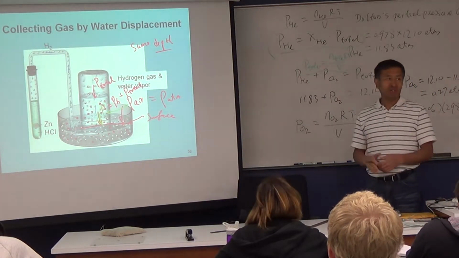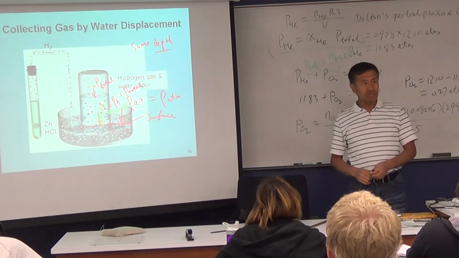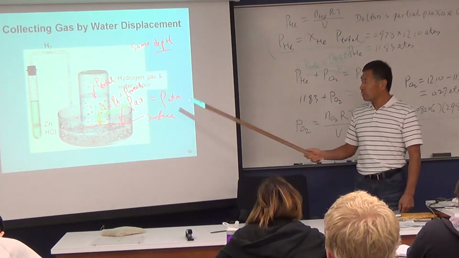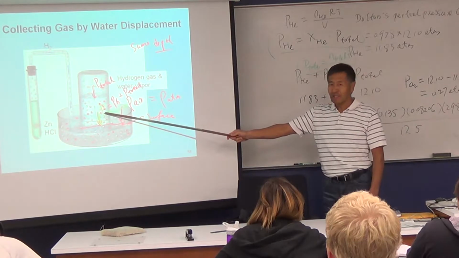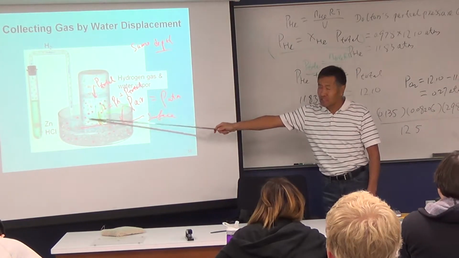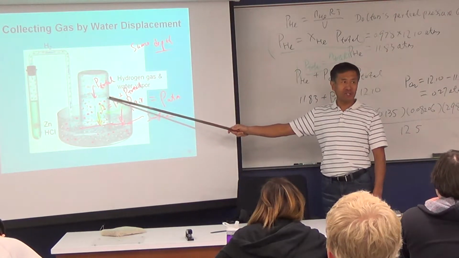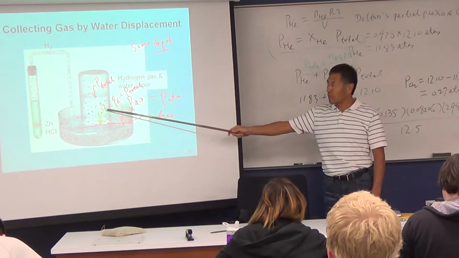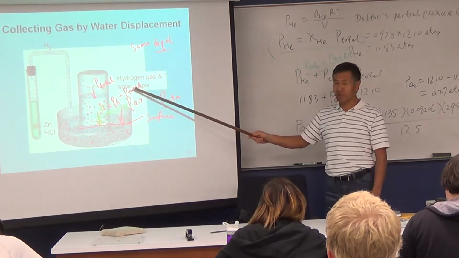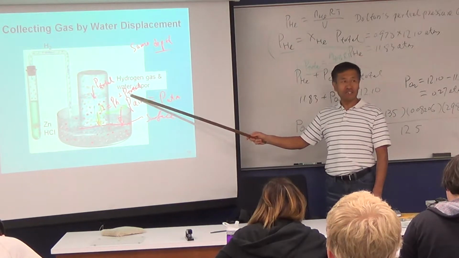Because they are at the same depth. So once you measure or Google the P air, that will equal that part, and then you measure what this liquid is, so you can convert it into the same unit, you get this part. So you just subtract that one by this one and get this one. Now that is not a problem.